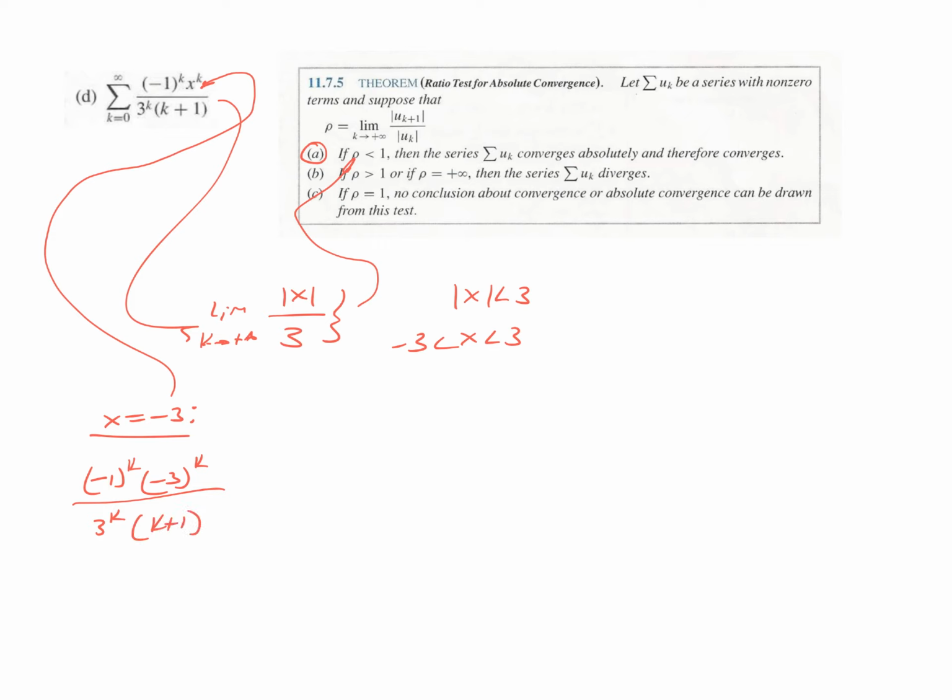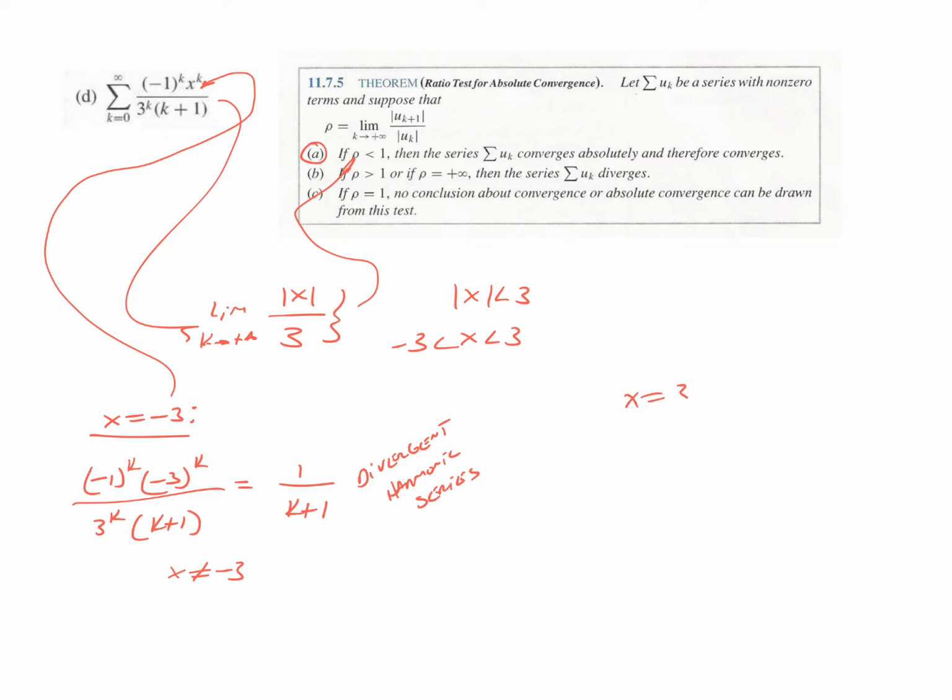If I'm not mistaken, I can do that and then cancel, and I should be able to get 1 over k plus 1, which you know is going to be the divergent harmonic series. So we can say divergent harmonic series. So x cannot equal negative 3, so negative 3 will not be in our interval.